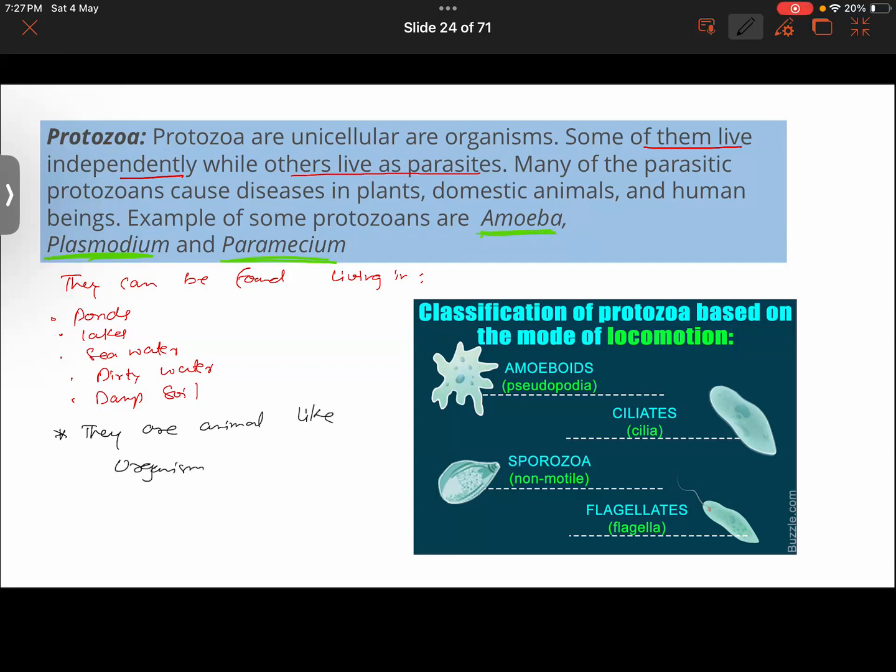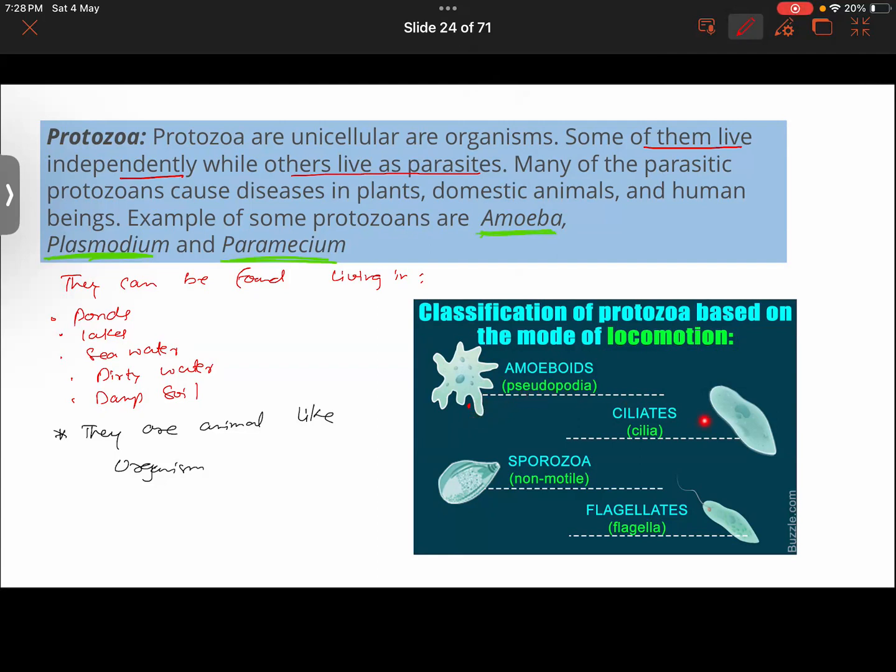One of the reasons to say they are animal-like organisms is that, just like animals have limbs to move here and there, they also have limb-like structures, or they can create limb-like structures. Like in the case of amoeba, they can create false feet. If there's a food particle near them, they create false feet to cover it, to engulf it. Those are called pseudopodia.